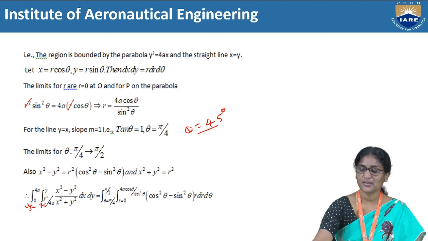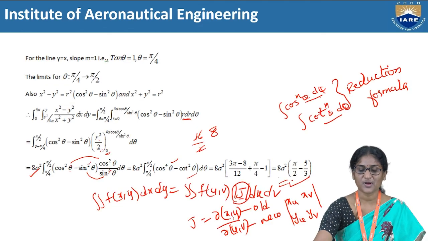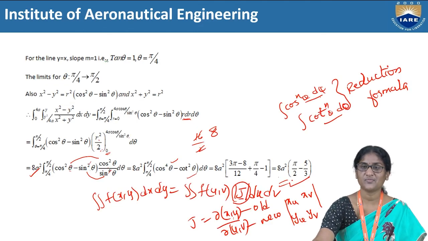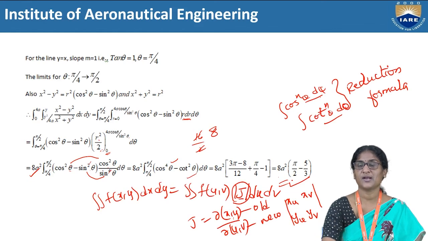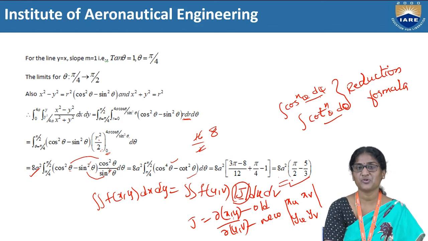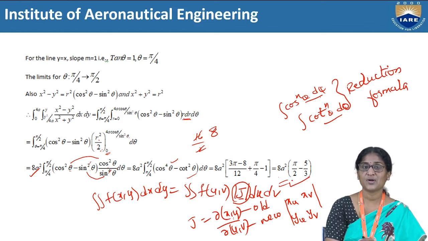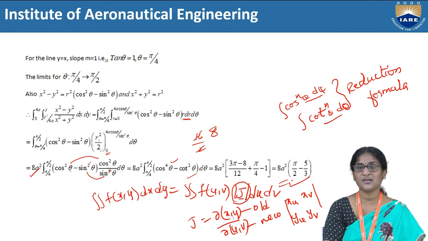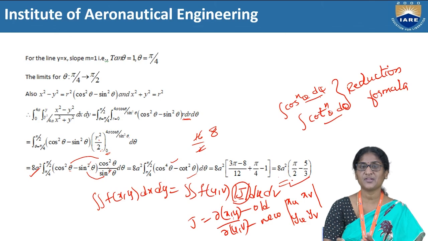So in this way, the Cartesian problem can be done very easily by converting to polar, and sometimes even polar can be converted to Cartesian, or Cartesian is converted to some other form, u comma v. But you can find the limits if and only if the relationship between the new coordinate system u comma v and x comma y is known.